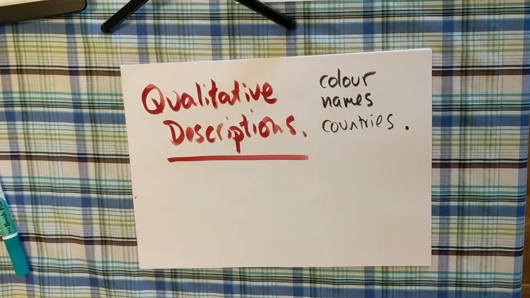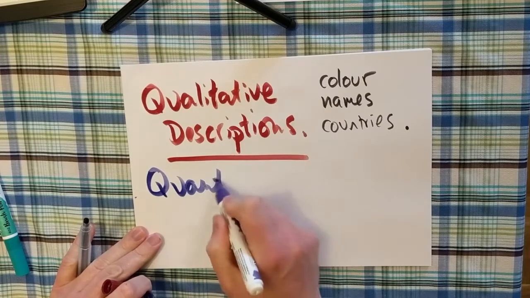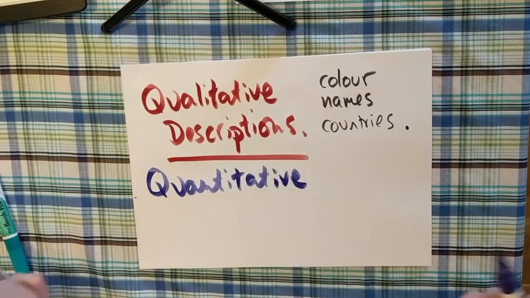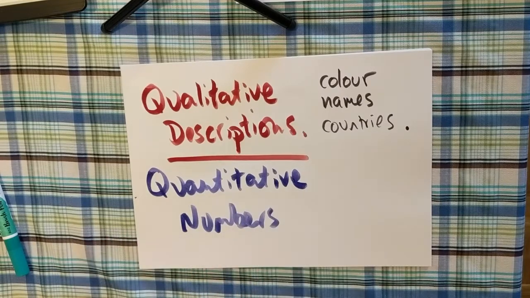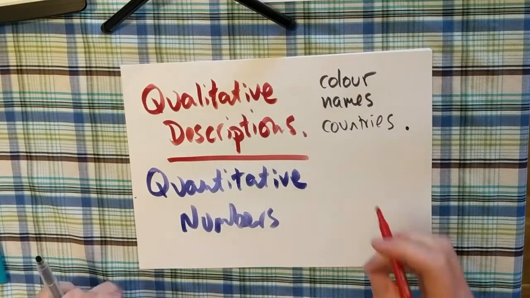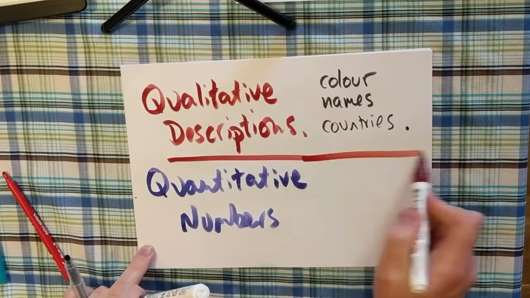Okay. Quantitative, those are the numbers, right? And those numbers could be two different types, actually. Qualitative sort of covers a whole load of stuff.